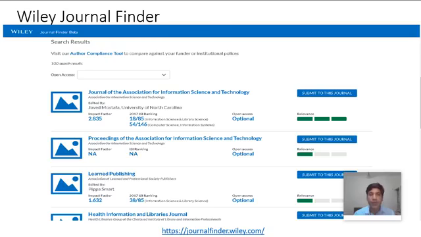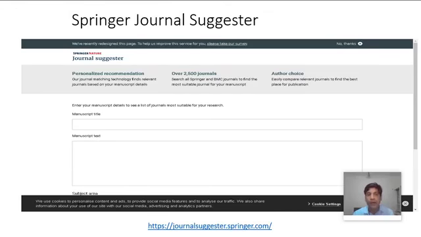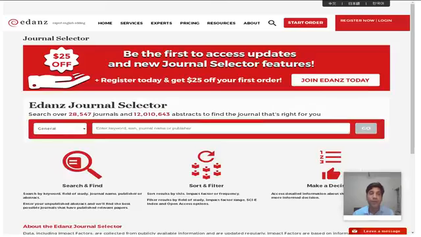And here you can see, in the gray color, it will show the chances of acceptance of your paper, the time it will take, and the impact factor of that particular journal. Similarly, Springer also has a similar type of tool which helps research scholars who are interested in publishing their manuscript with Springer.